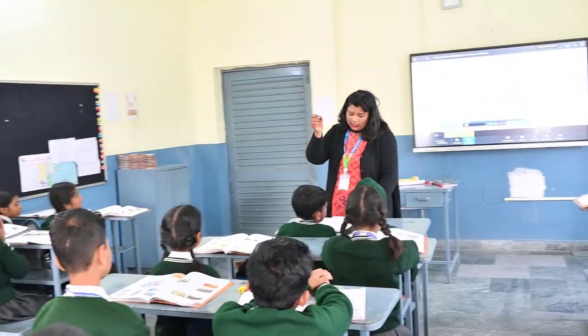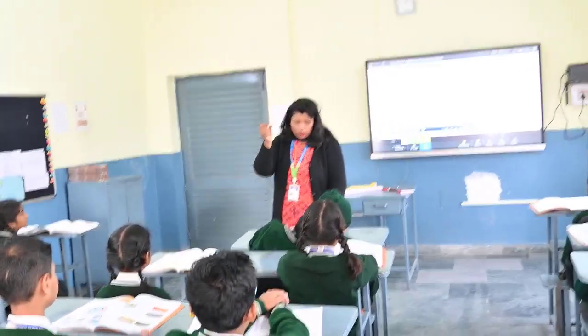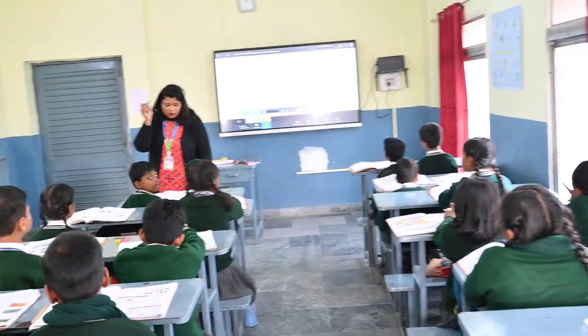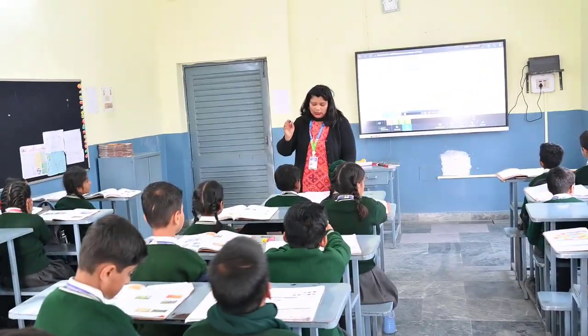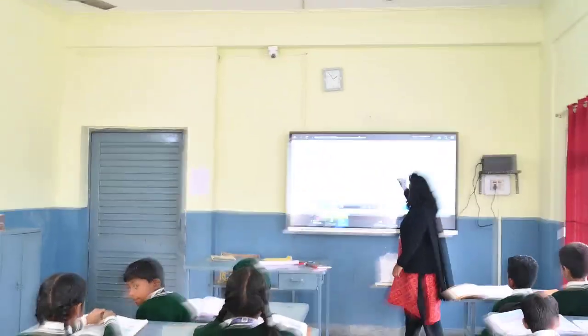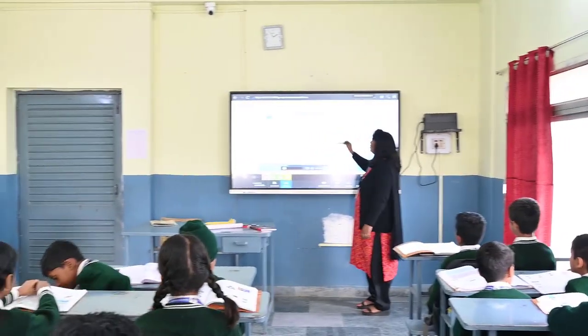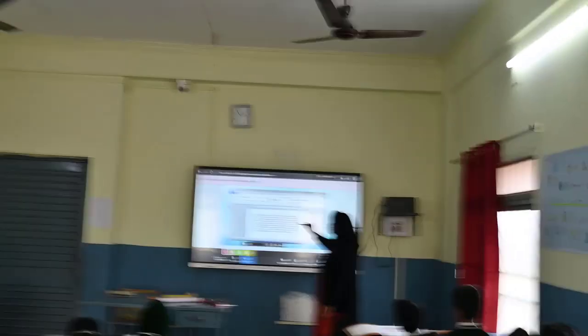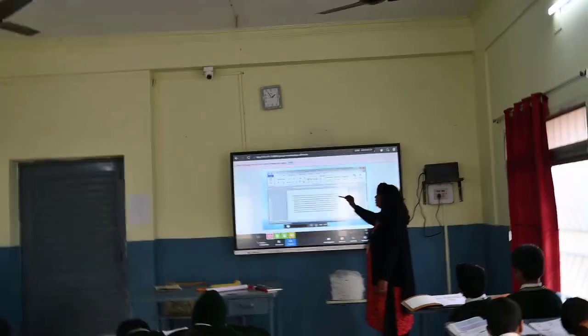And the last thing, what exactly you have to do? You have to do line spacing and paragraph spacing. Okay, line spacing means 1 line, 2 line, 3 line. There is some space, right? Yes, ma'am. This thing can be adjusted.